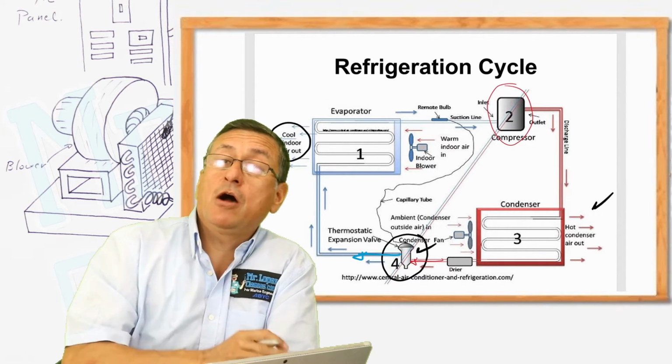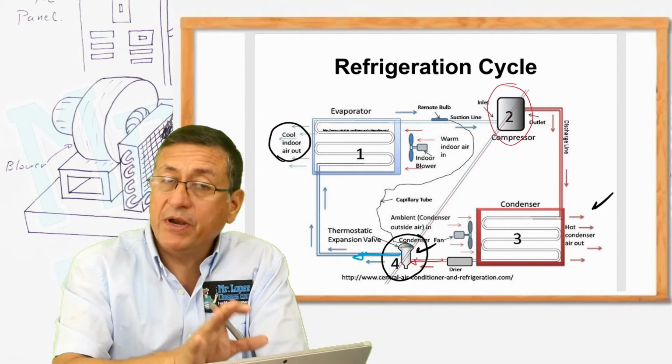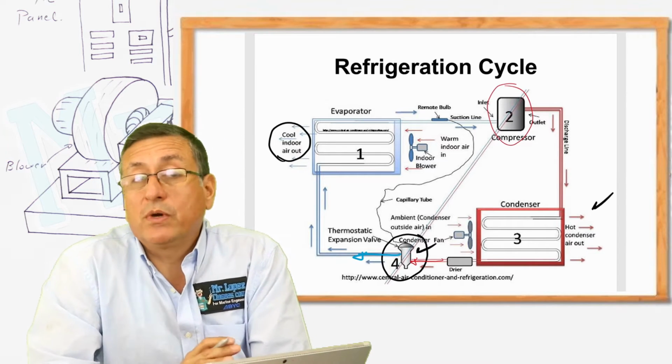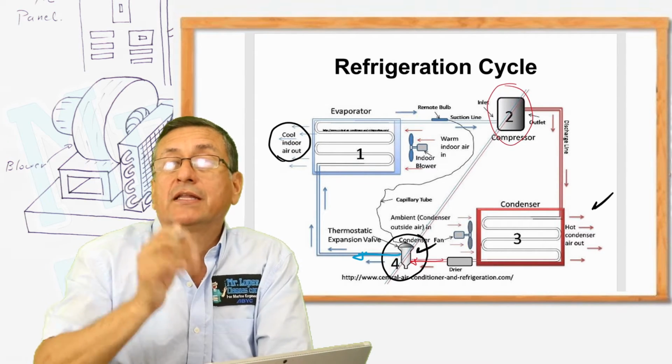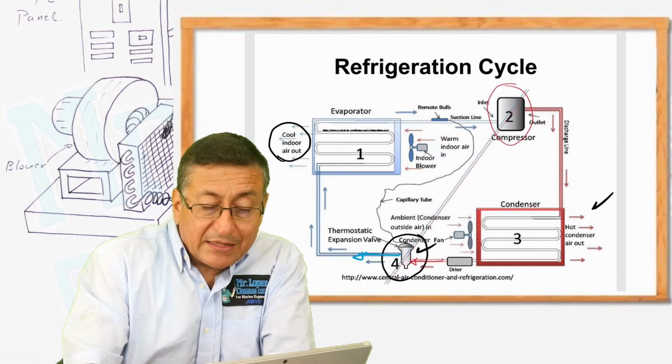Remember, the pressure in the output is 70 psi and the temperature is 40 degrees Fahrenheit, low pressure and low temperature. In the input it is 225 psi and 110 degrees Fahrenheit. All right, this is the thermal expansion valve.